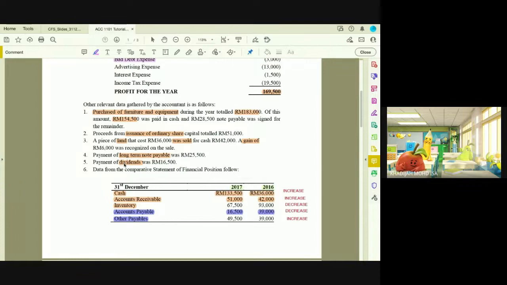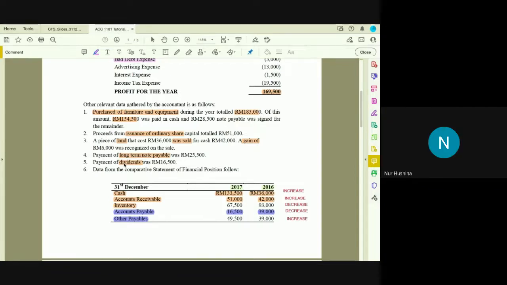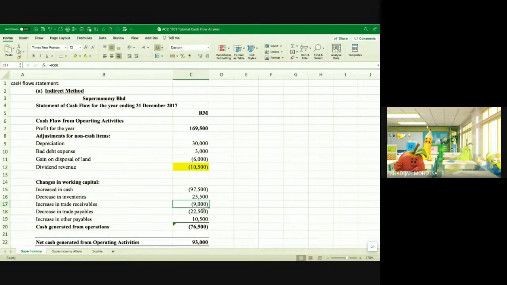How much is the decrease? 93,000 minus 67.5. So there's a decrease of 25.5 thousand. Plus or minus? Plus. So 25.5, there's a plus there.